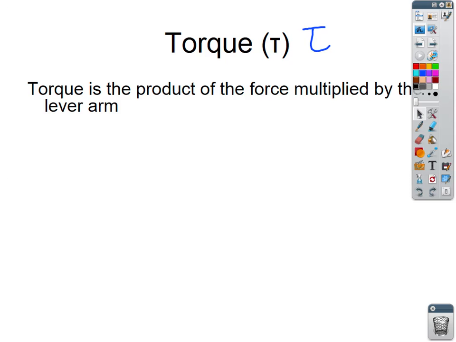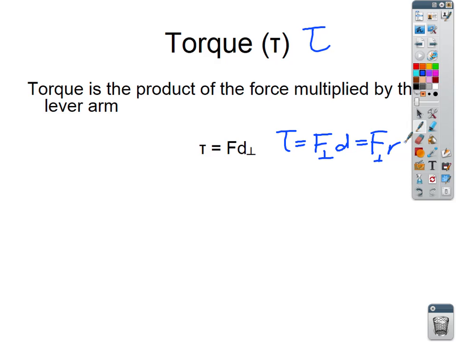It is the product of the force multiplied by this lever arm, the perpendicular distance from the fulcrum. There's your standard formula: tau equals F times d perpendicular. On your formula sheet, it can be written as tau equals force perpendicular times D, or force perpendicular times R. All the same stuff.